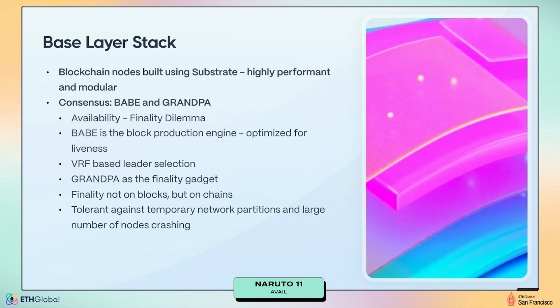The reason we have BABE plus GRANDPA is that we wanted to find a balance between liveness and finality. So finality not on the blocks, but on the chain. There are other consensus algorithms as well, like Tendermint, but we chose BABE and GRANDPA specifically because of the good balance between liveness and finality.